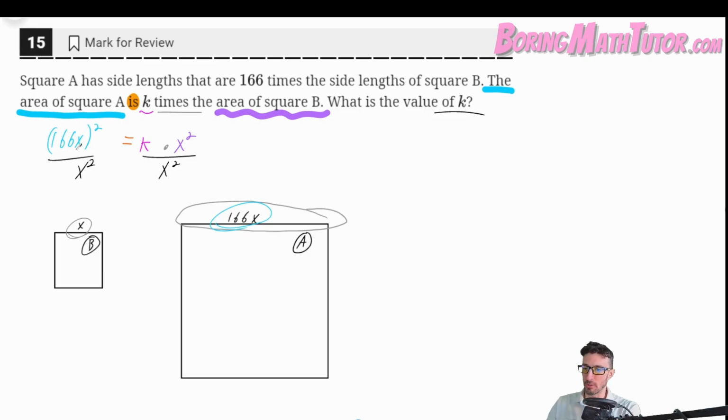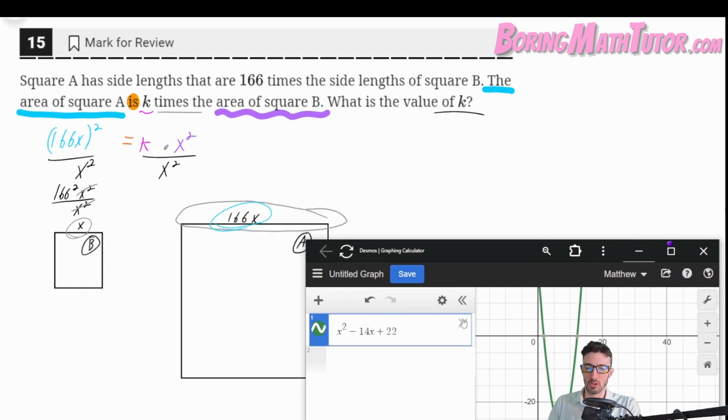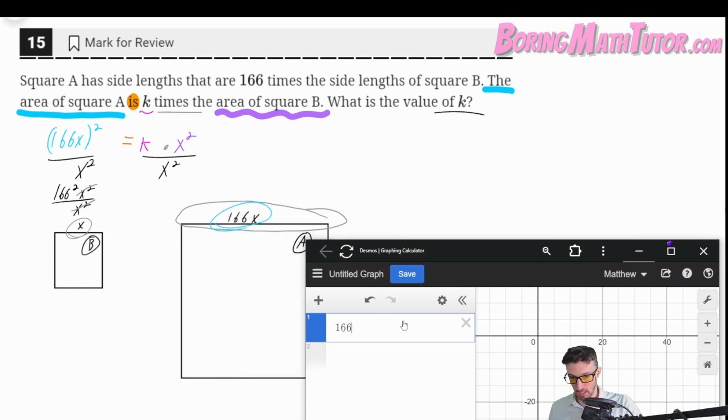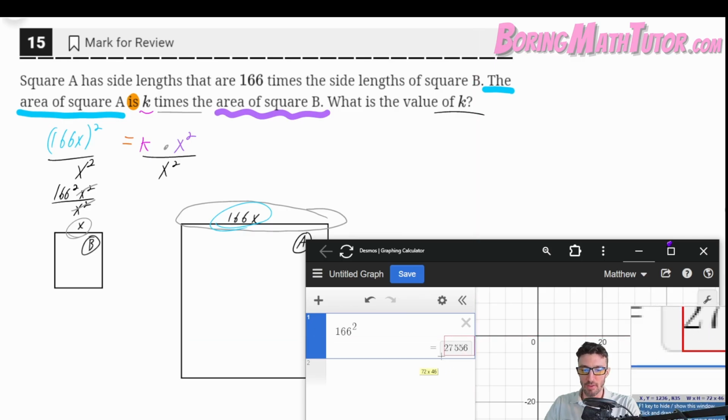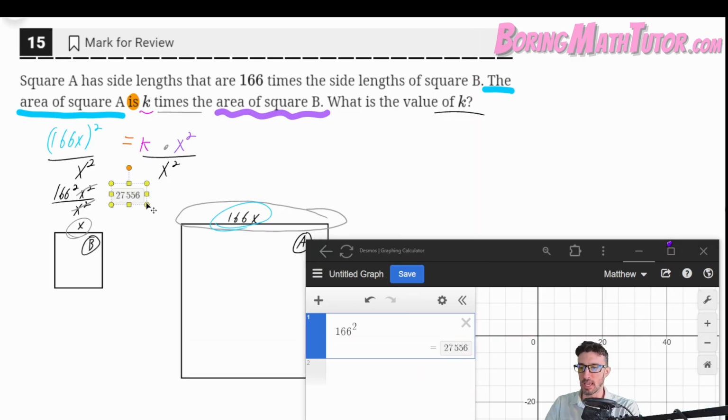But I can already tell you that the top is just going to be 166 squared x squared. And then you're dividing that by x squared. So the x squareds are going to cancel. And the only thing that you're going to need to type in is 27556. That is the answer to the problem, 27556.